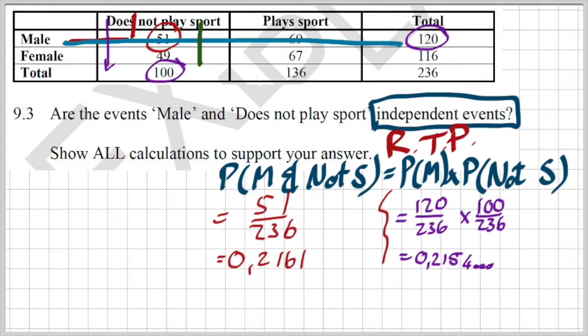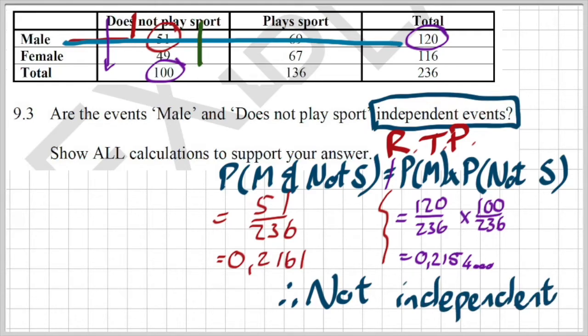Now, are they exactly the same? Not close, not if I round off to 2. No, are they exactly the same? And the answer is no. If they're not exactly the same, we can say that it's not independent events. Now, please get this. I know it sounds weird, but it doesn't mean there's a definite dependence. It's not that being male or female is definitely influencing playing sport or not playing sport.